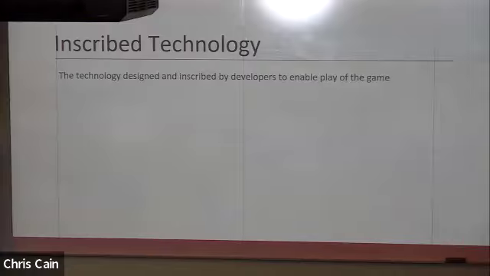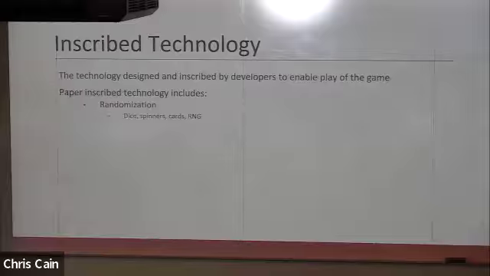Technology. This is what you use to enable the game to be played. Includes things like any randomizers, state tracking. So what are the player character's stats? Scores, tables, character sheets. What is the character currently capable of?